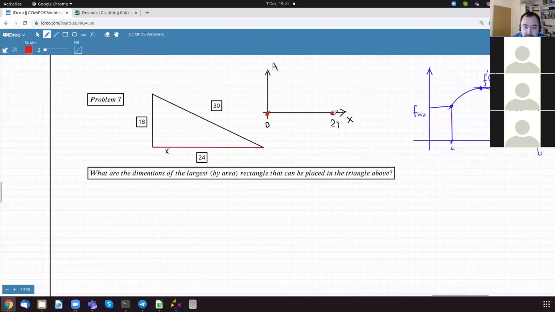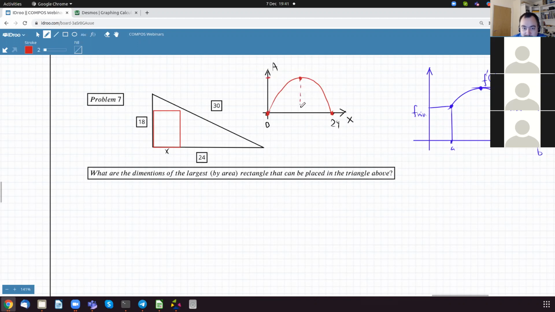That's nice. So we know that it's not at the ends of the interval, because at the ends of the interval, it's minimum, it's 0. Any point in between, actually, it's not 0. So the area is going to look like this. It will be increasing, then reaches a maximum point, and then decreases. So somewhere here, we have a maximum value for the area. And the question is to find this x.